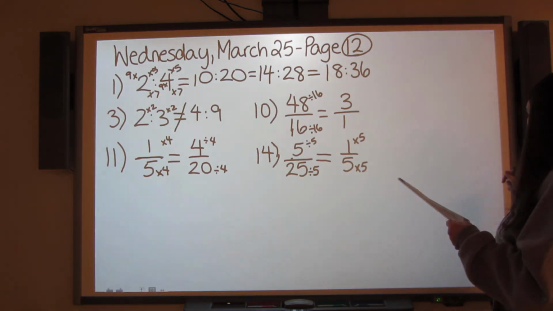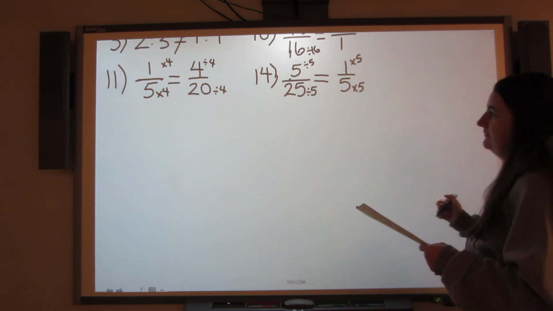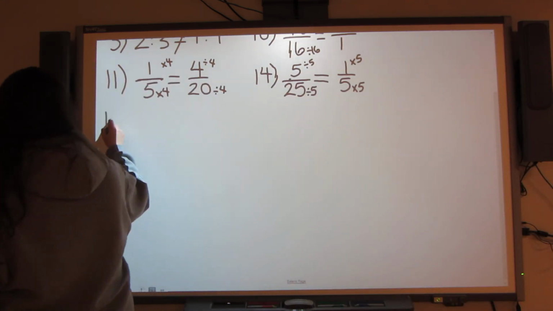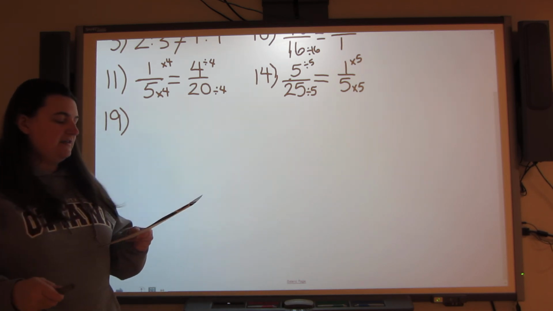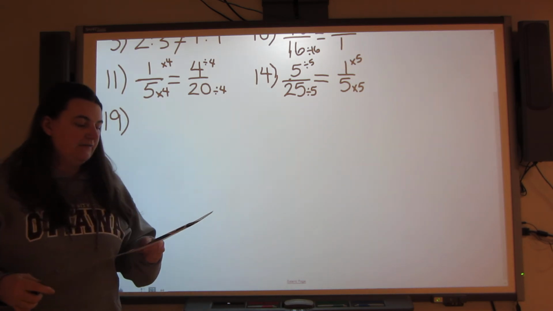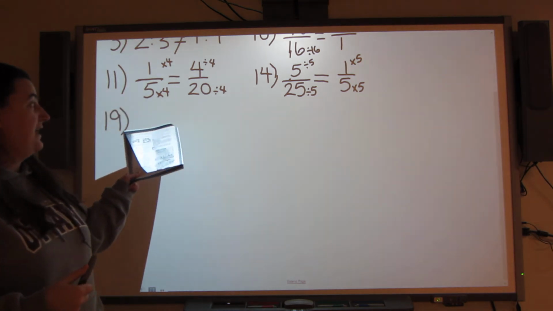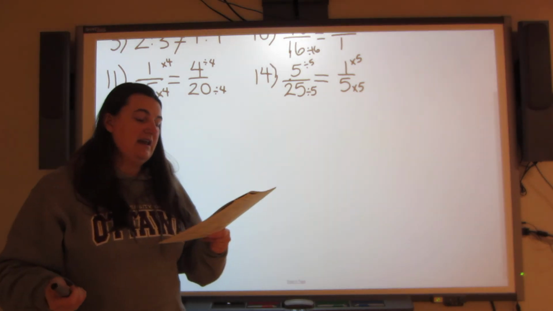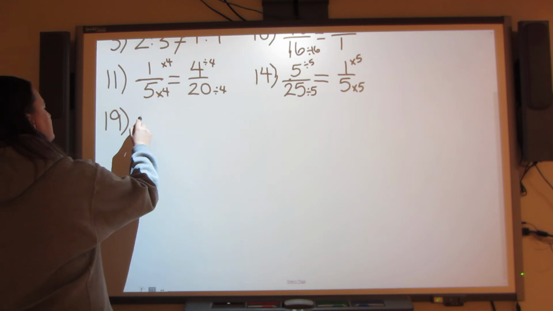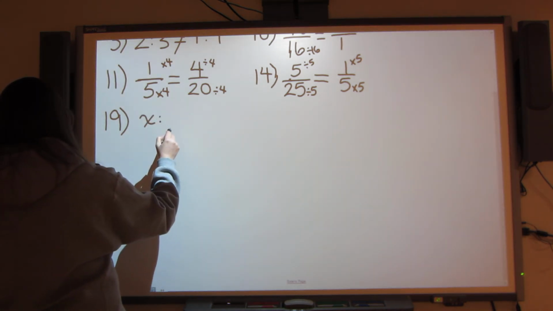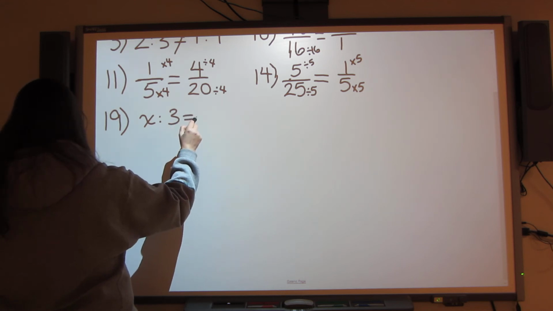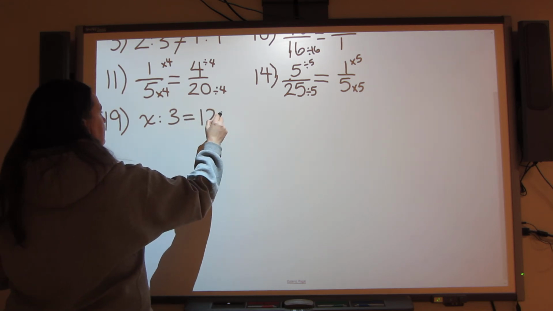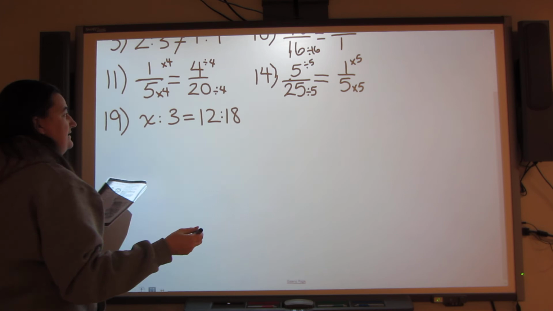All right, take a look at number 19. Number 19, you're doing the same thing. Find the unknown value in each proportion. So instead of written as a fraction, it's just written as a ratio, but it works exactly the same way. So x to 3 equals 12 to 18.